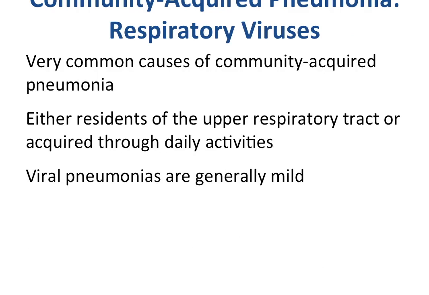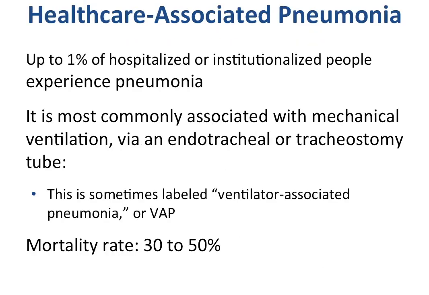Now let's talk about respiratory viruses. They are very common and cause infections. Next, healthcare-associated pneumonia. This is related to healthcare. About 1% of patients in healthcare facilities can get this pneumonia.